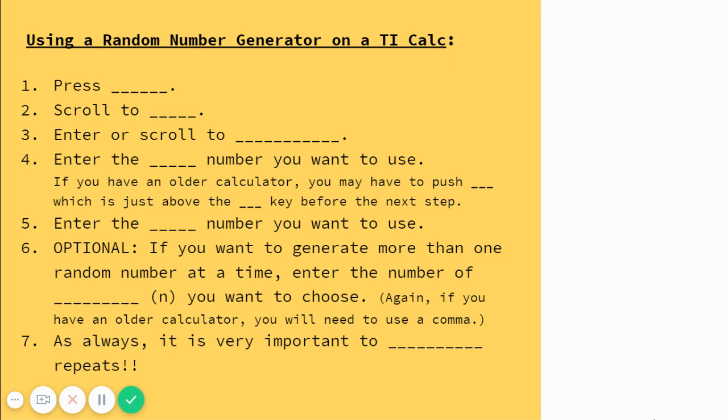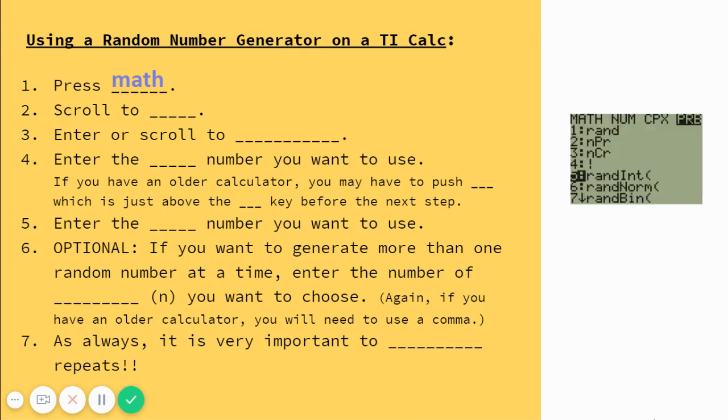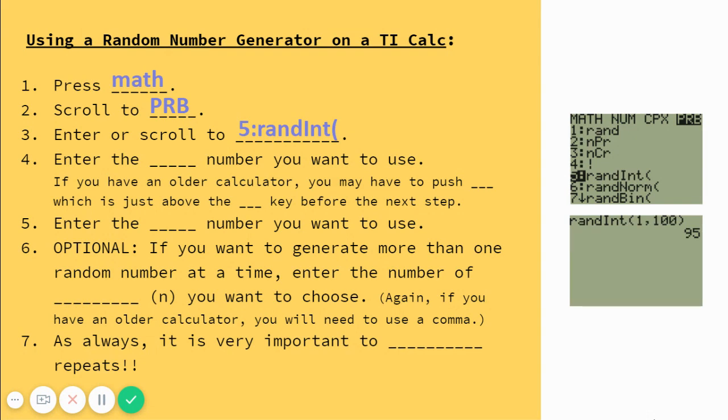If you want to do this on a TI calculator, assuming that we get back to real life some day, you press Math, you scroll over to Probability, you scroll down to Random Integers. The first number is the smallest you can use. The second one is the max.